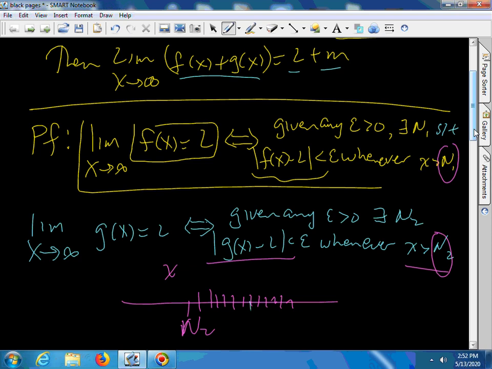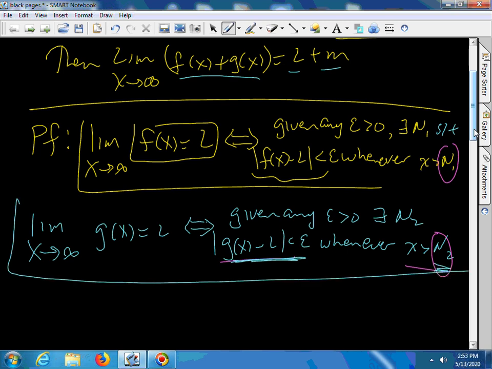Well, if I pick an even bigger n, then x being in here is still okay. That is, you can pick bigger n's.